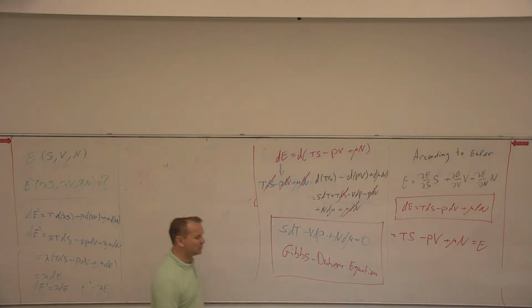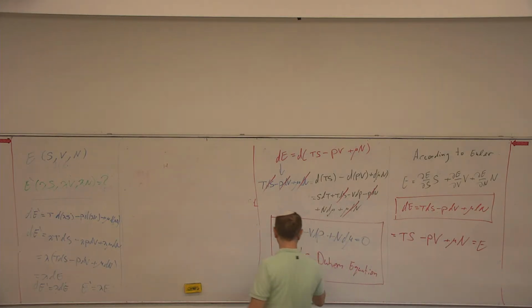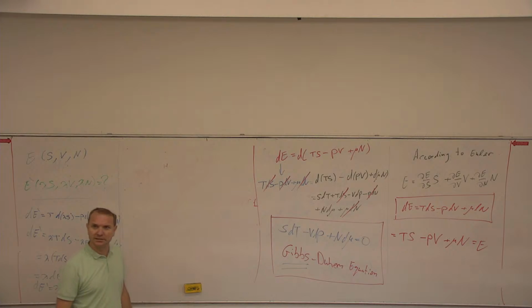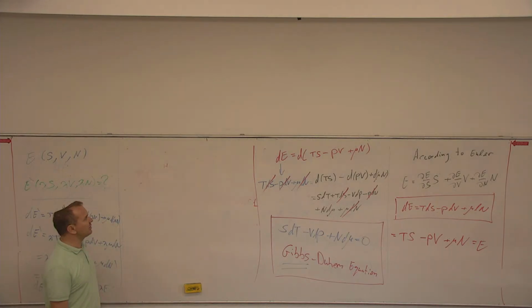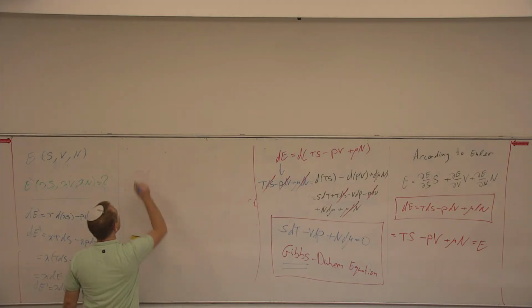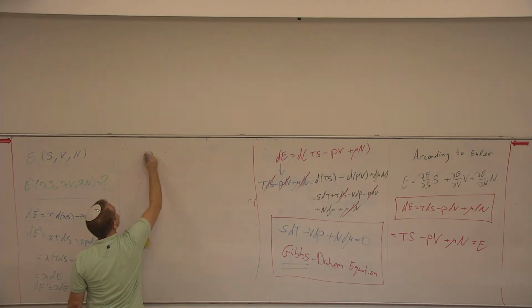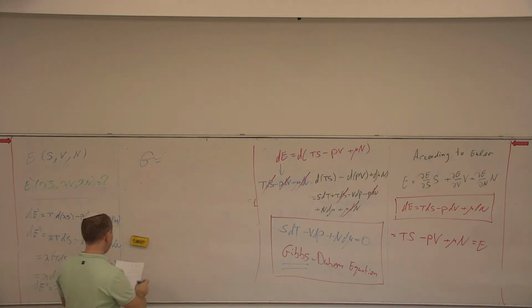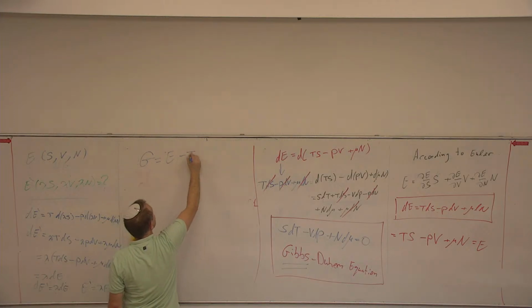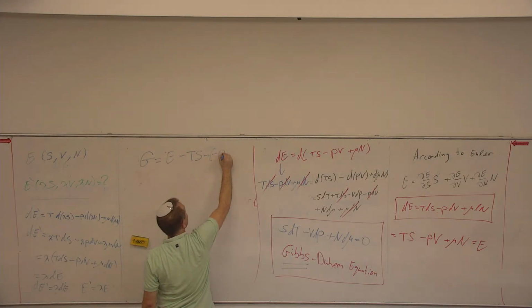Remember, my idea is to explain to you a little bit about thermodynamical equations or potentials. So it's about Gibbs. He also had this function, this thermodynamical potential. Remember, what is Gibbs? G. So G is E minus TS minus PV.